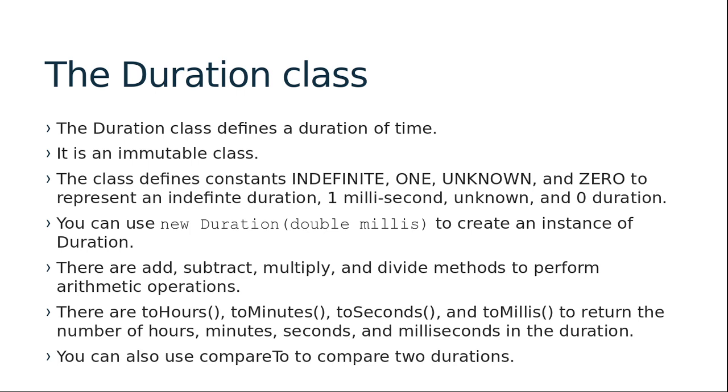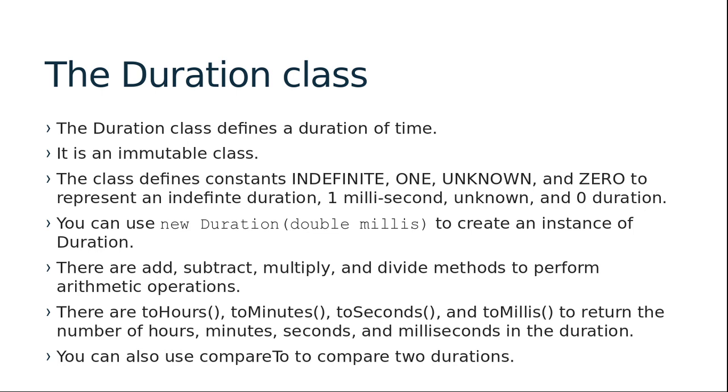Now before path animation, let us define duration, because with this duration we are going to define the duration of our entire animation. So we will be using the Duration class. Duration class is nothing but defining a duration for any animation, and it allows us to have some mathematical operations, converting that duration into hours, minutes, seconds, and so on.